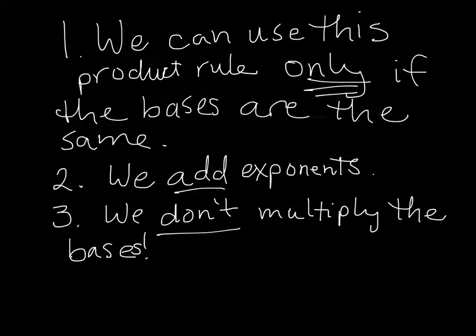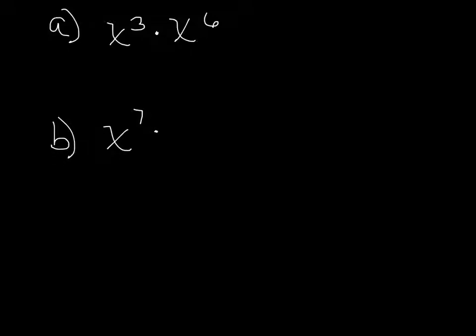So let's do some more practice ones. So let me do an A. We're going to do x to the third times x to the sixth. So you should write these down on your paper. B is x to the seventh times x.